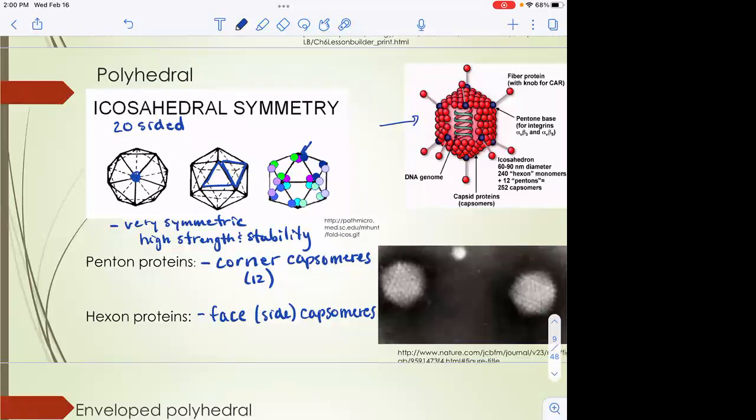So for example, this example on the right here, this is an adenovirus. It's named adenovirus because it was isolated from human adenoids. Makes sense. But here there's 12 pentons and 240 hexon monomers. Okay, so the more hexons, the bigger the virion would be.